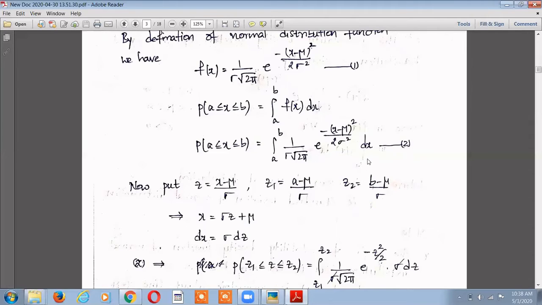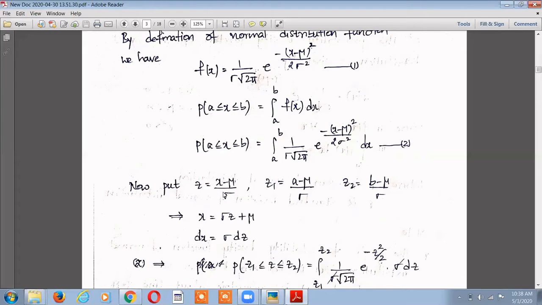Same way, if x takes the value b, z2 is equal to (b minus mu) by sigma. It means that for the normal variate x, the corresponding standard normal variate is z. For the normal variate a, the corresponding standard normal variate is z1, and for b, it is z2.